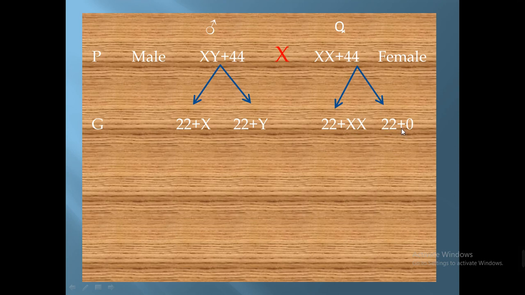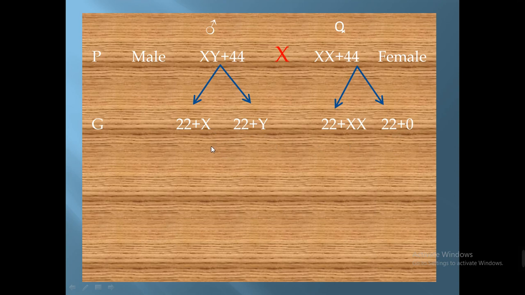This is an abnormal ovum. So, if fertilization occurs between this abnormal ovum and any one of the sperm types, it will produce an abnormal child, containing abnormal chromosomes.